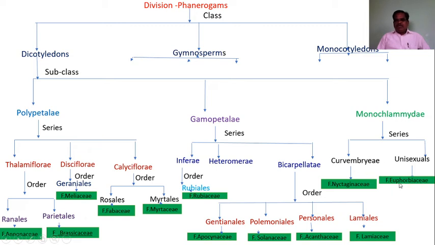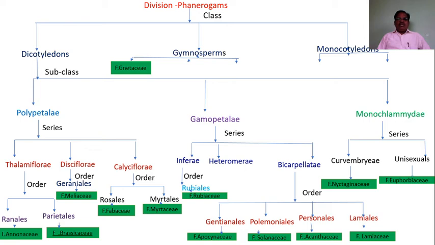When we observe the inflorescence of plants like Euphorbia pulcherrima, Euphorbia hirta, Euphorbia heterophylla, whatever it may be, the flowers are unisexual: the female flower is present above and the male flowers in the form of stamens are present below. So unisexual flowers are found here.